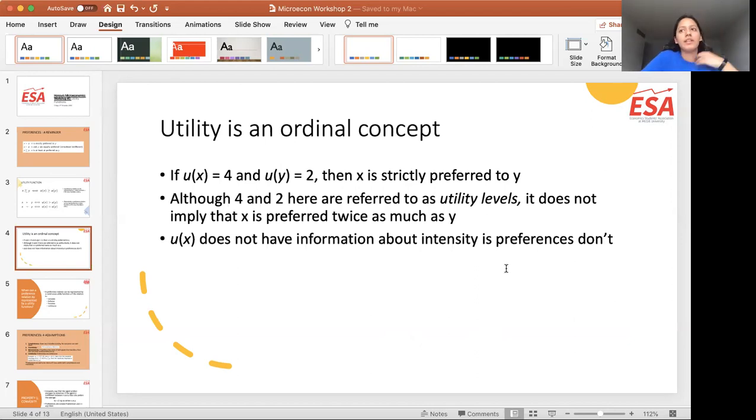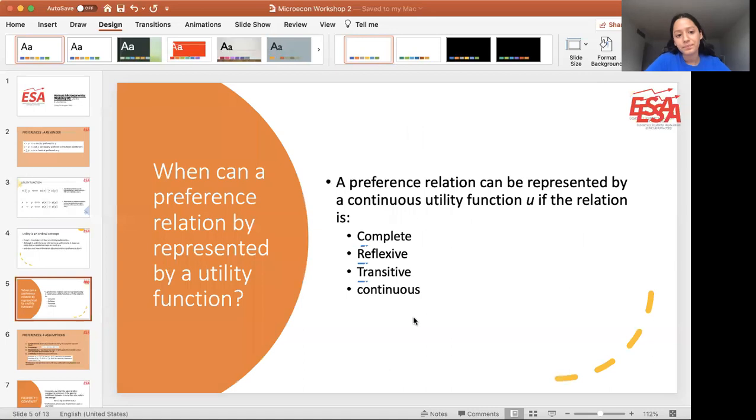We just know that X is preferred over Y, not how much more. So you can't quantify it. I don't remember quantifying it last year, so it's just something you should keep in mind.